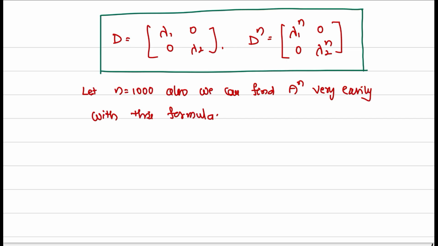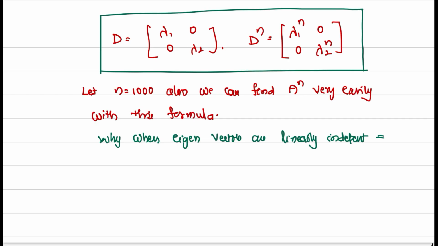Now I want to give you a homework: why, when eigenvectors are linearly independent, does it result in diagonalization?